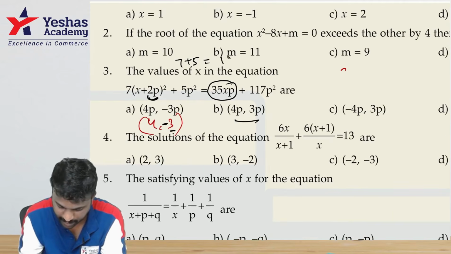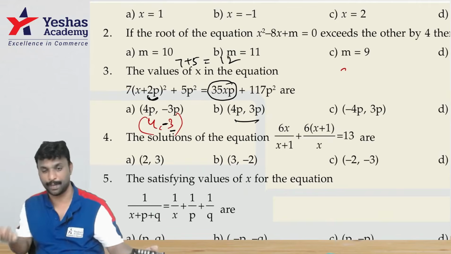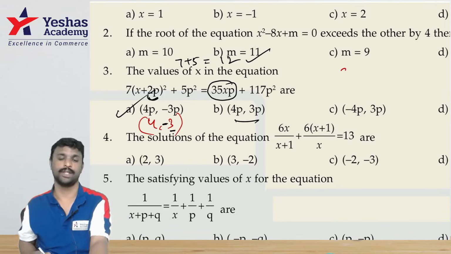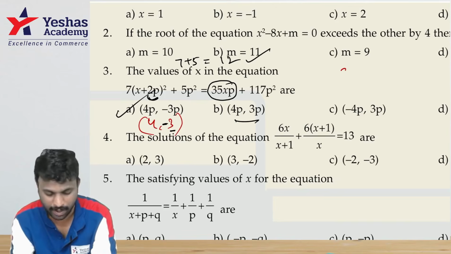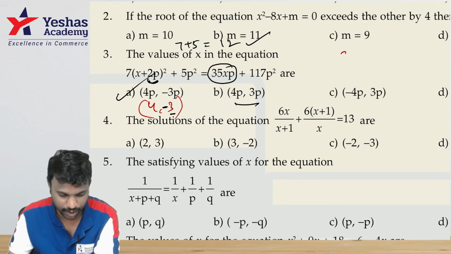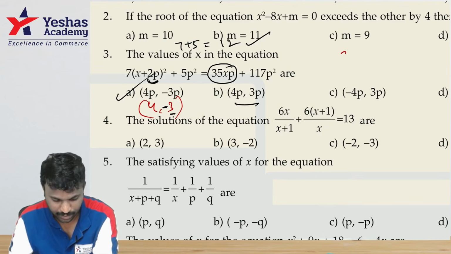So 7 plus 5 equal to 12, and RHS is also 12. Therefore, it is option A. So option A will satisfy the equation, both the values 4 and minus 3. Have you understood? So question number 3, the answer is what?